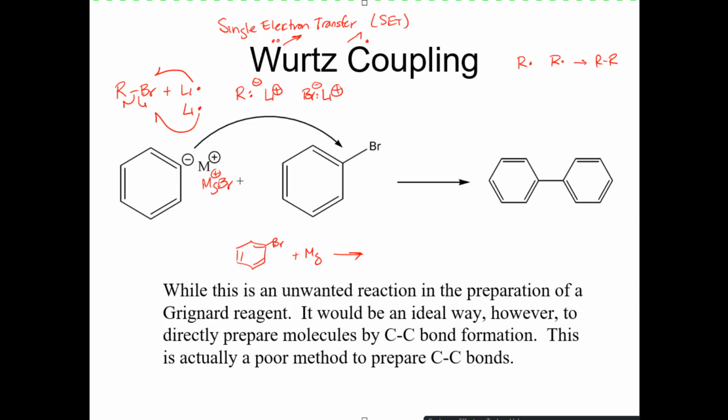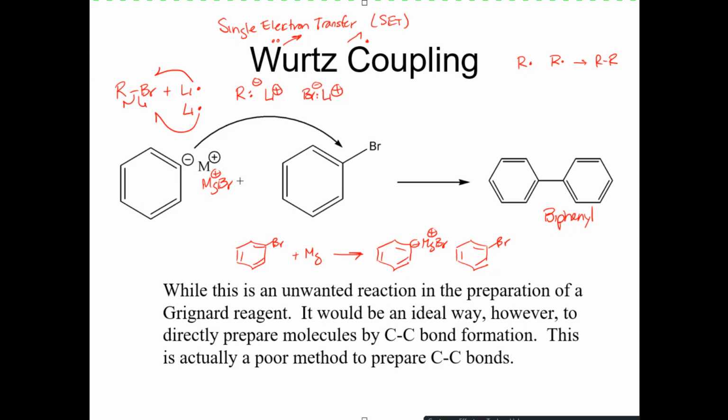And the problem is if we react this too fast, if we dump all of the alkyl bromide into the magnesium, what happens is that we will make some Grignard, but we will also have some unreacted alkyl bromide present. And those tend to undergo this Wurtz coupling reaction to make, in this case, this molecule called biphenyl.